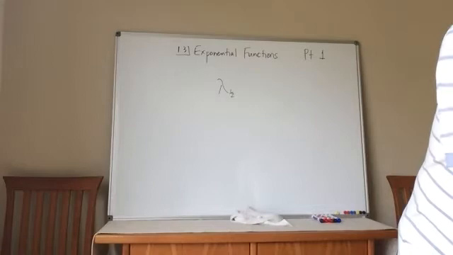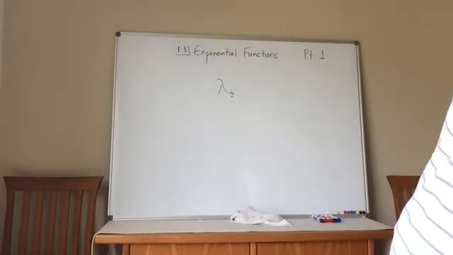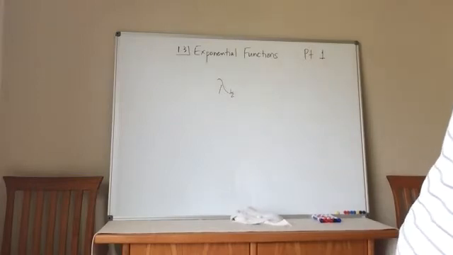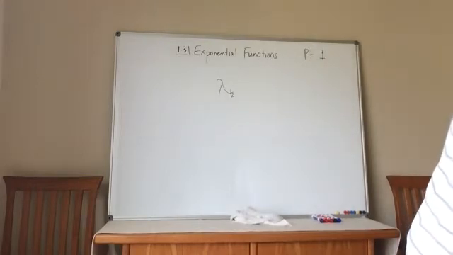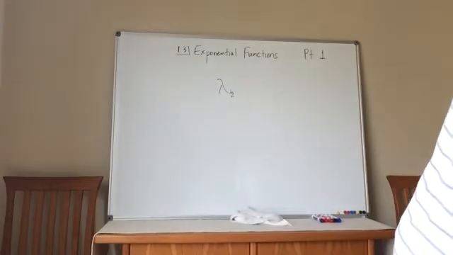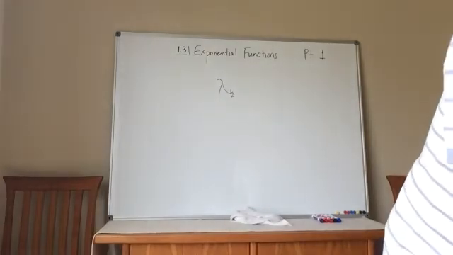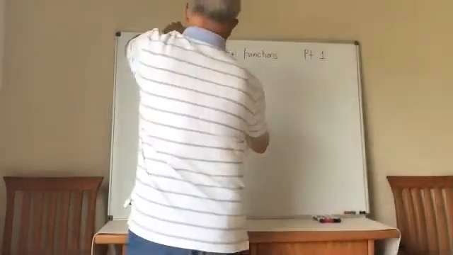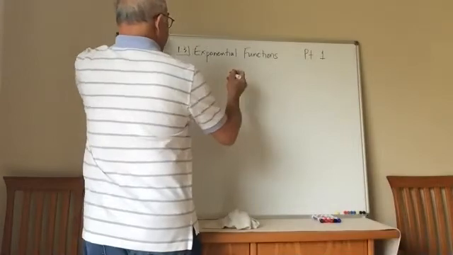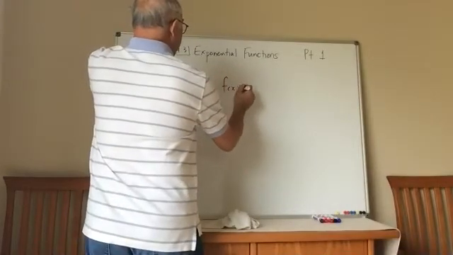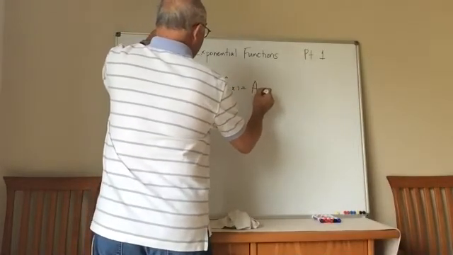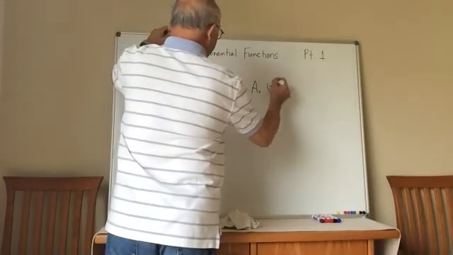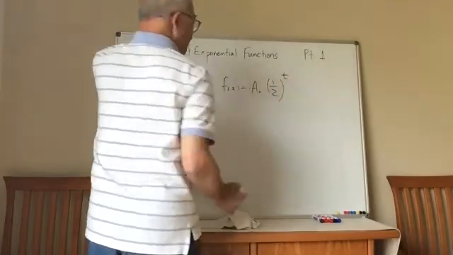Okay, so let's jump right into the example. Suppose the half-life of a certain radioactive substance is 20 days and that there are 5 grams present initially. Then when will there only be 1 gram of this substance remaining? So the function is going to look like this: f of x is equal to the initial amount, and then in every half-life it's going to halve as time goes by.